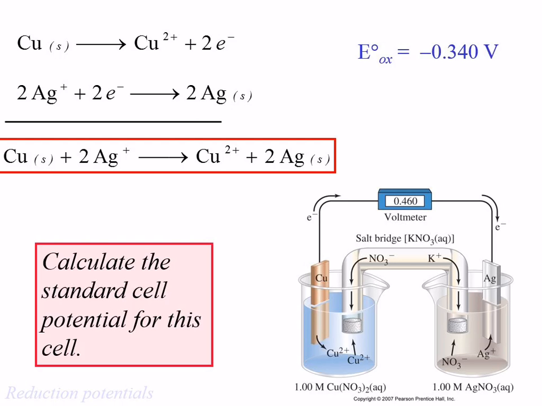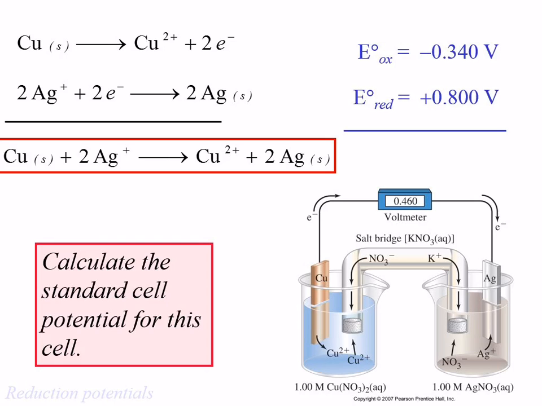So if it's being oxidized, it's minus 0.340. For the half cell potential for the silver, you're going to find it is plus 0.800. So that's the chemistry we have going on in this particular cell.